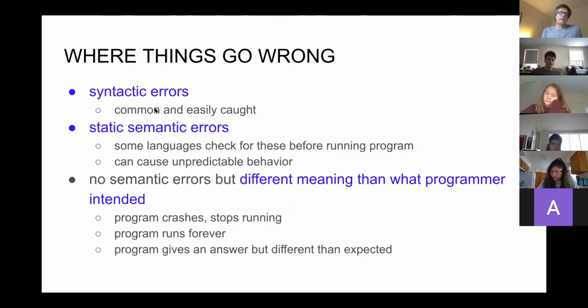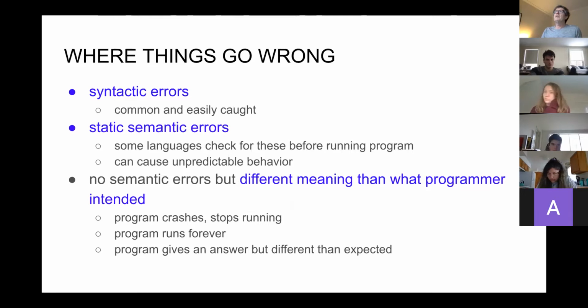So what are the ways a computer program can go wrong? Three major ways. One is you put the words together and it will tell you, I'm sorry, that doesn't make any sense. Or you can put the words together and it's the right sort of order, but it still doesn't make any sense because you're putting the wrong things next to each other. It can tell you that. But the third type of error, a semantic error, is you might write a program and you might write it wrong, so it does the wrong things, right?